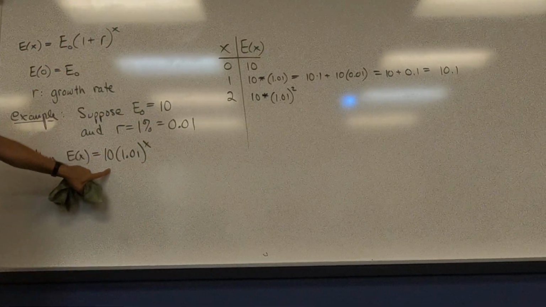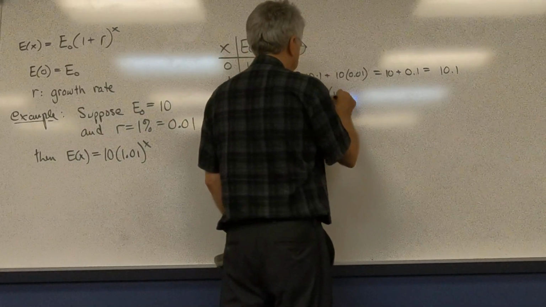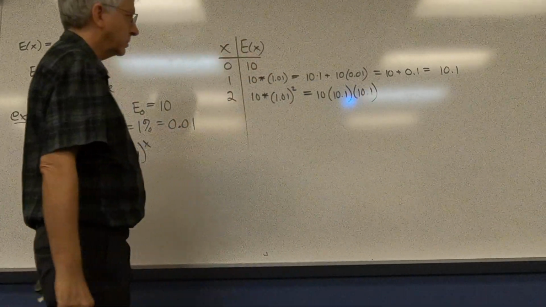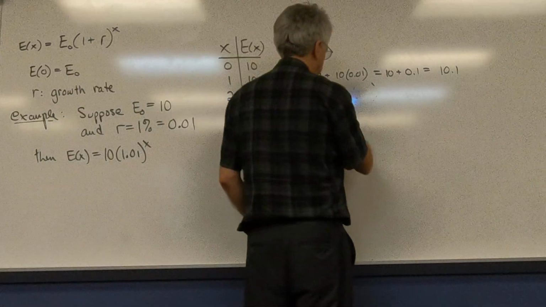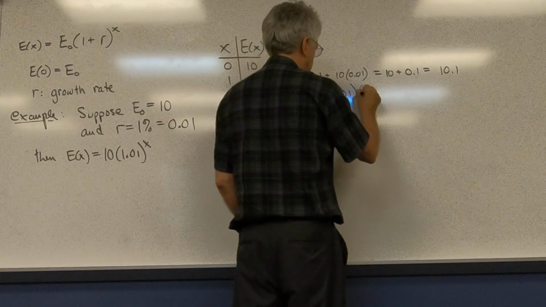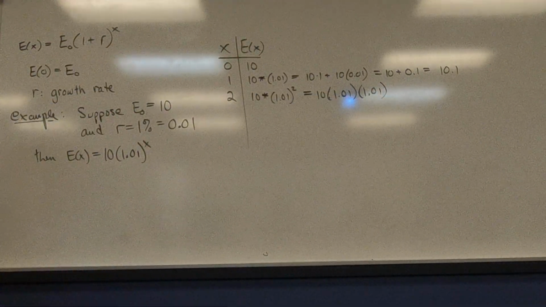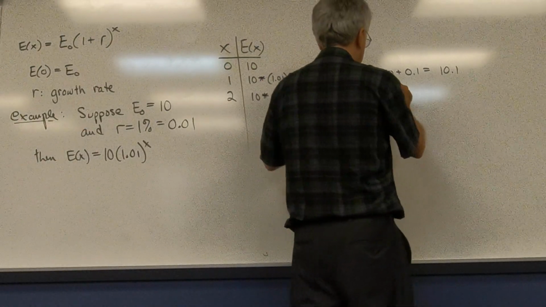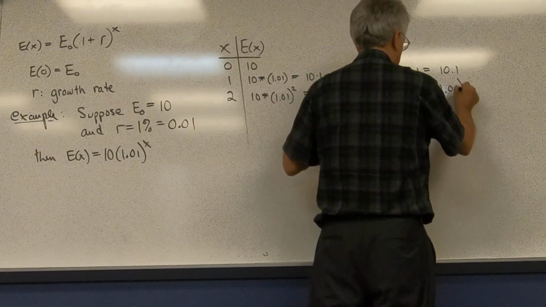Literally just plugging into the function, x equals 2. But you can also think of that as applying the 1% growth factor twice. Sorry, what am I doing? I wrote the wrong thing. 1.01 is the growth factor, and we're applying it twice. After 1 application of the growth factor, we've got 10.1. Then we multiply by the growth factor again.